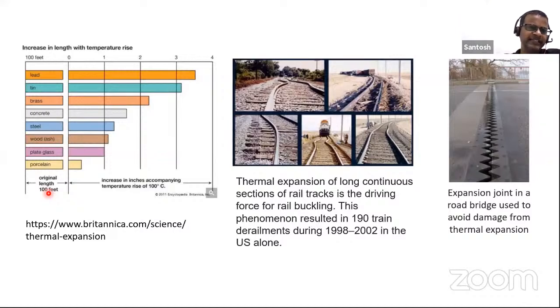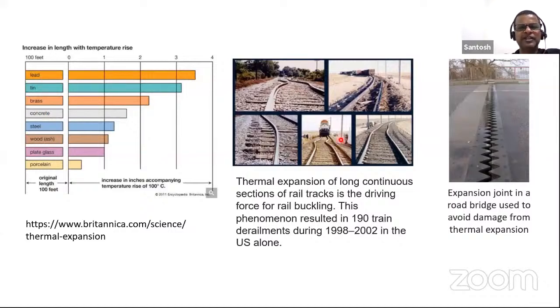It expands. You can see lead expands by close to 3.5 feet for the same amount of heating, whereas porcelain expands less than half a foot. Different materials expand differently. Per degree centigrade, you can see the rate of expansion of porcelain is very small compared to lead.